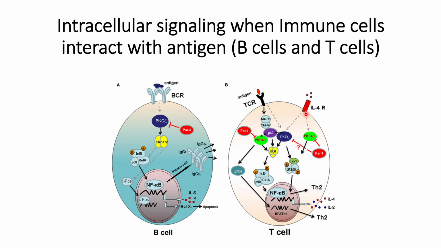When the interleukin 4 receptor interacts with interleukin 4, it triggers both the PKC zeta pathway and the PKC lambda/iota pathway, which have a similar effect on downstream signaling, that is complex formation, and that leads to Th2 differentiation of the T cells. I hope you got the basic idea about intracellular signaling when immune cells interact with the antigen or the interleukin 4 cytokine.